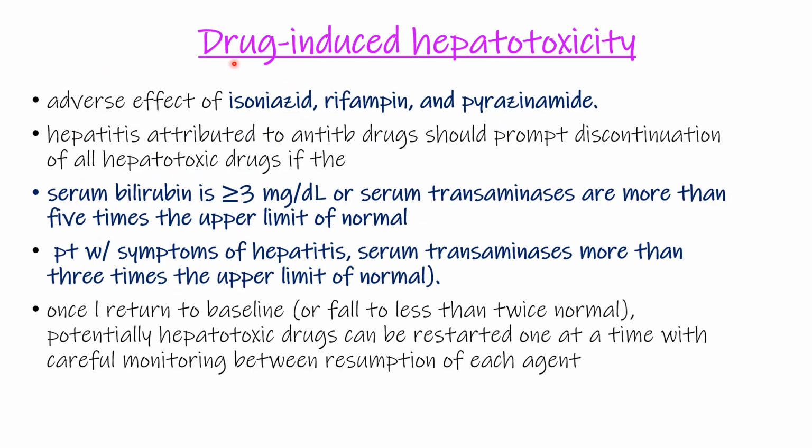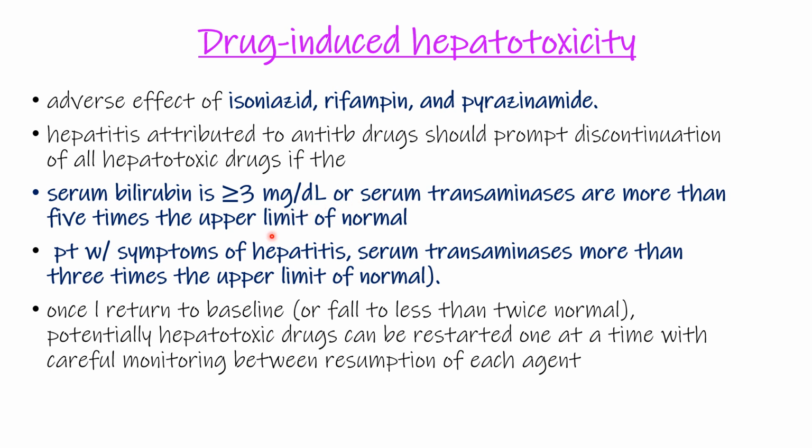So drug-induced hepatotoxicity, as you mentioned, is an adverse effect of isoniazid, rifampin, and pyrazinamide. When hepatotoxicity is attributed to anti-TB drugs, all hepatotoxic drugs should be promptly discontinued if the following apply: if the patient is symptomatic, you discontinue when the transaminases are more than 3 times the upper limit. If the patient is asymptomatic, then you discontinue when serum transaminases are greater than 5 times the upper limit, and you also discontinue if the serum bilirubin is greater than 3.